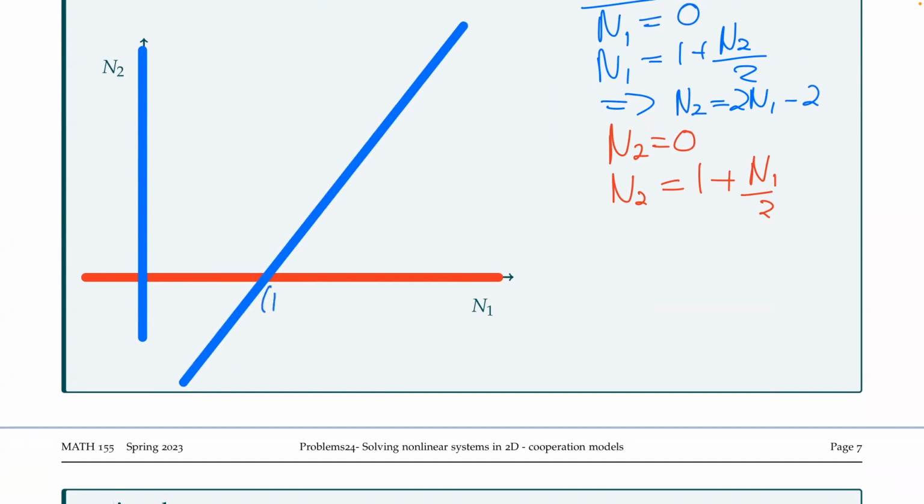That's the point 1, 0. We know that because we have an equilibrium on that axis when n1 is equal to 1. What else do we have? We have n2 is equal to 1 plus n1 over 2. So the gradient here is going to be a half, and the intercept is equal to 1. We draw that. So it looks something like that.